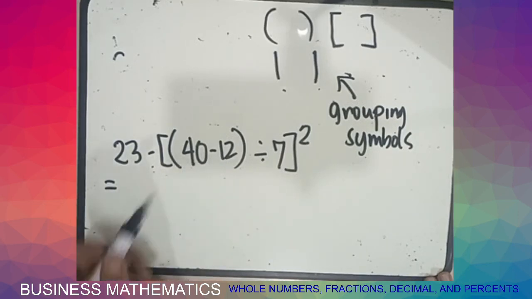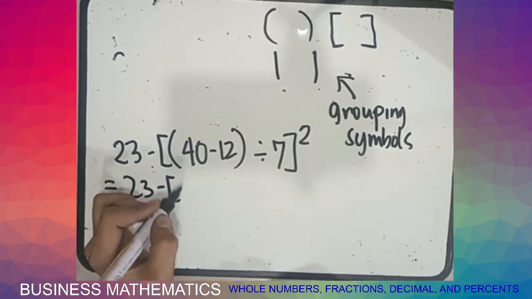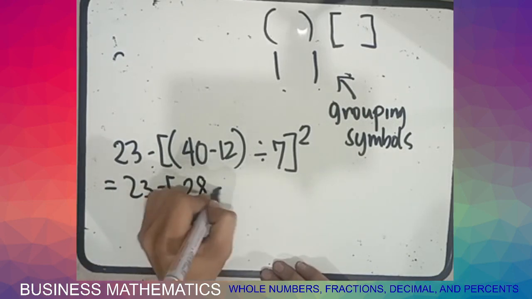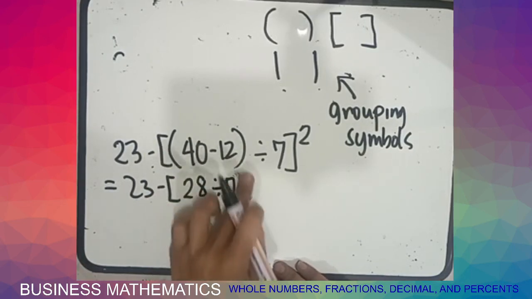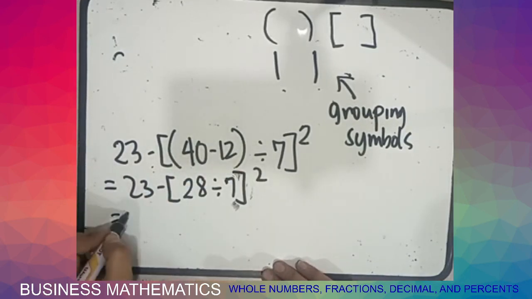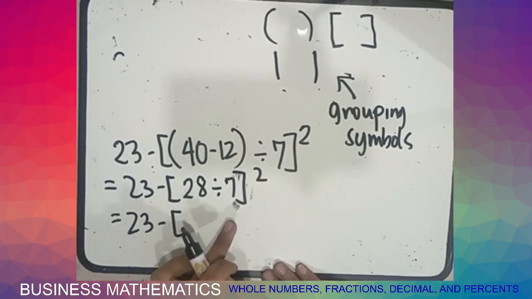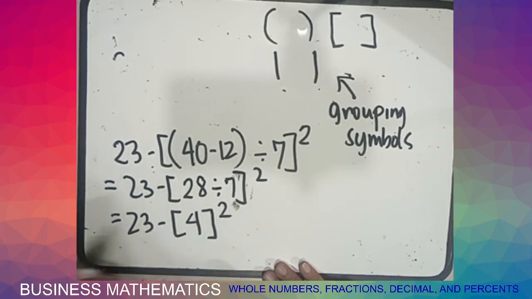So, 40 minus 12 is 28. Divided by 7, brackets ulit, tapos squared. Next, 23 minus 28 divided by 7, ang sagot dyan ay 4. Tapos, meron pa tayong squared.